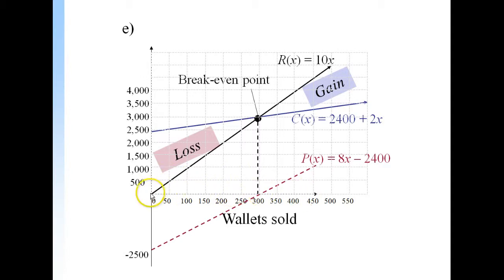So again, we didn't sell any. We're looking for that point of intersection. Above this line, this is profit. If we don't sell this many units, we will be at a loss.